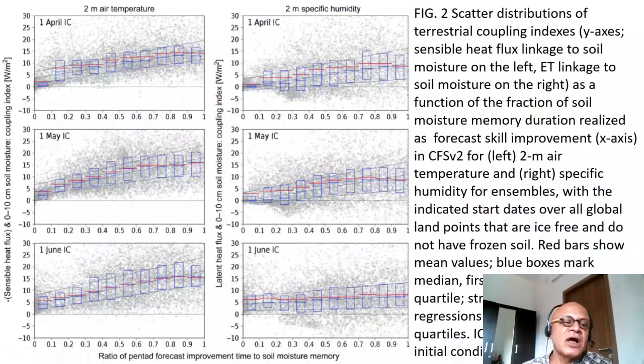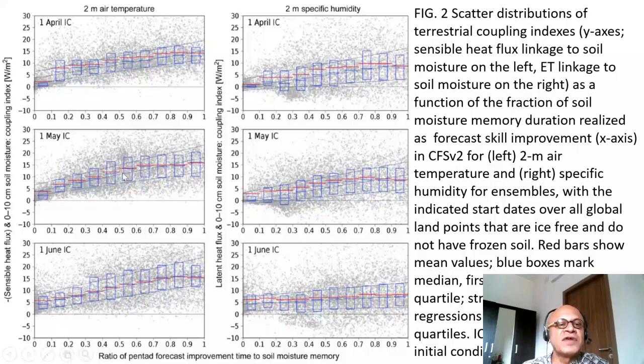So to look at how the potential predictability is actually exploited by models or exploitable, we are looking here at sensible heat flux dependence on soil moisture, so that's kind of a coupling strength issue. And here the skill is looked at in terms of ratio of pentad forecast improvement time to soil moisture memory.